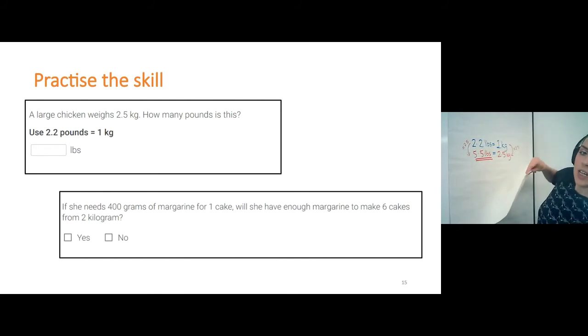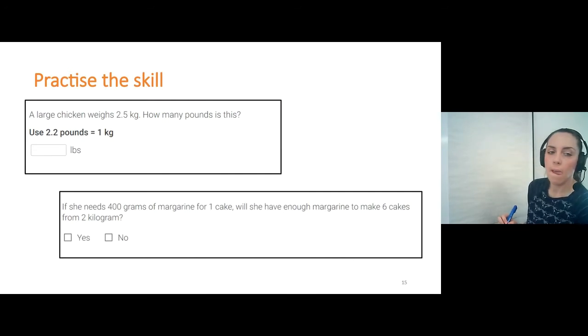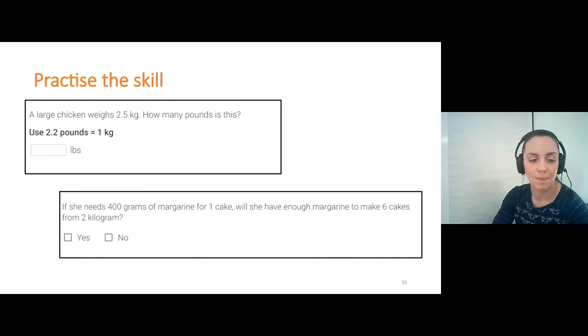So if somebody needs 400 grams of margarine for one cake, will she have enough margarine to make 6 cakes from 2 kilograms? Well done, Nikki. You're really good at this, I can tell. You've got this, definitely. Well done, Joshua.